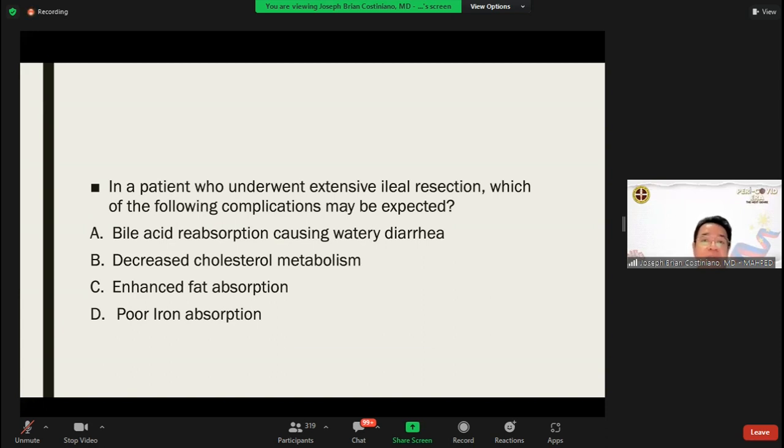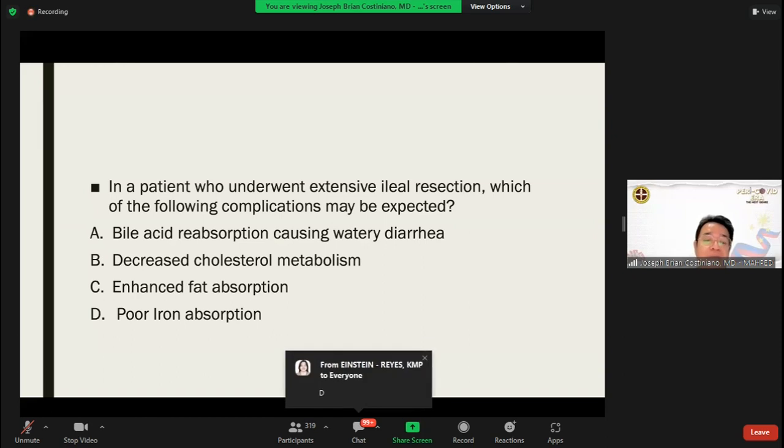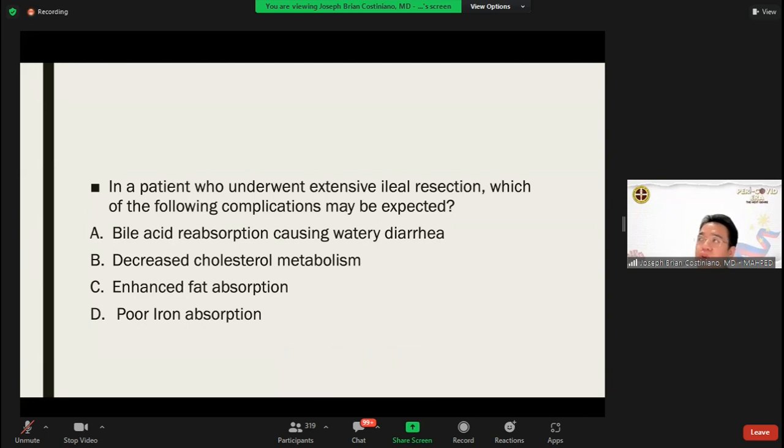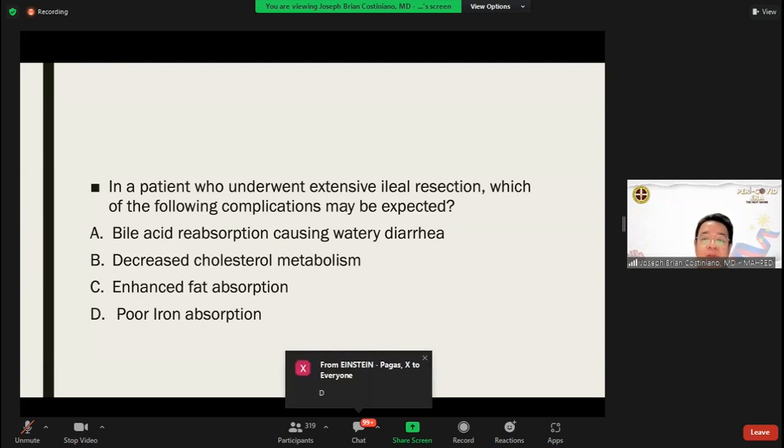Is it B, decreased cholesterol metabolism? Is it C, enhanced fat absorption? Or is it D, poor iron absorption? So dito matitest natin kung alam natin kung ano ba yung na-absorb sa ileum versus the duodenum or jejunum. Okay? Ang pasyente natanggalan ng ileum. So anong ma-expect mo na complication?